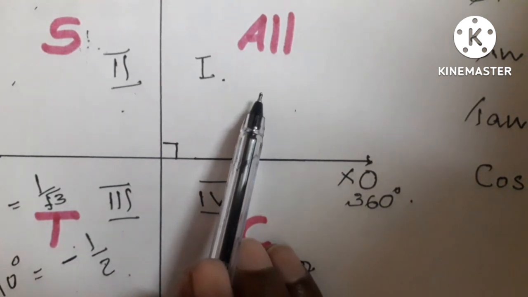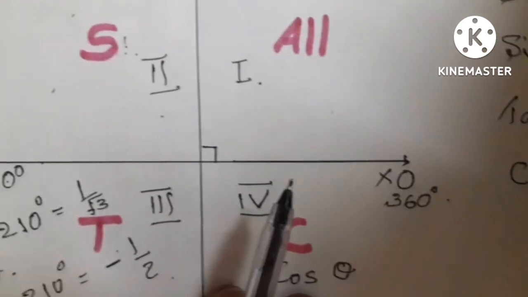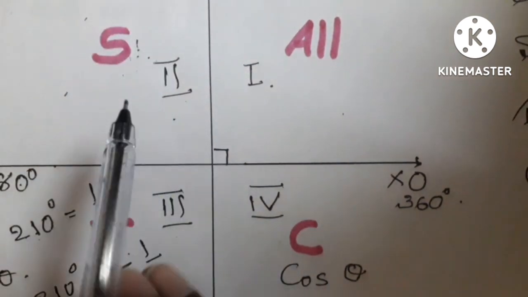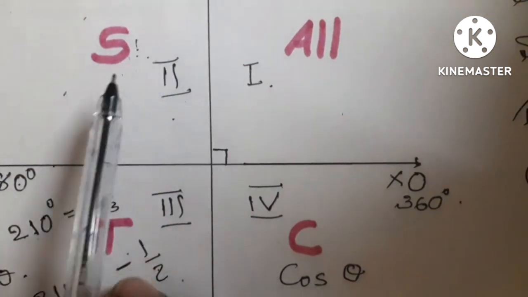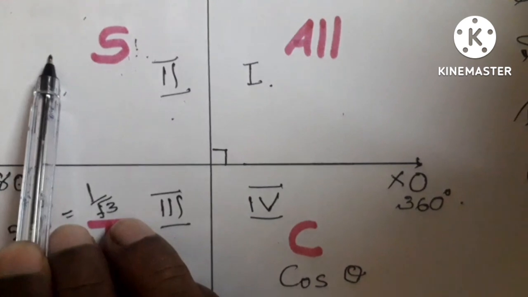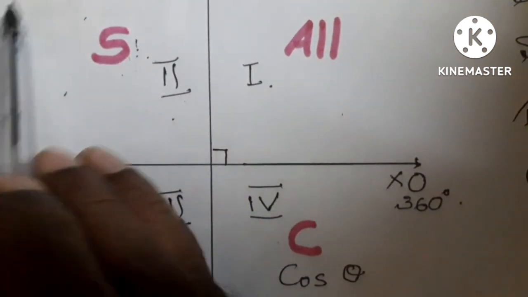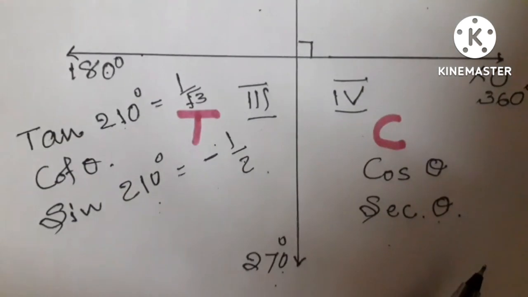In the second quadrant, sine theta and its inverse, cosec theta, are positive. Remaining values are negative. For example, cos theta, tan theta and cot theta will be negative.